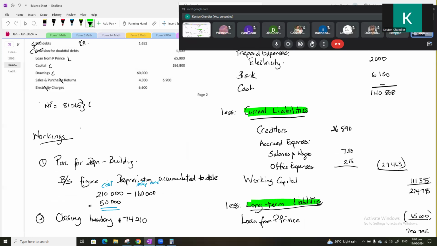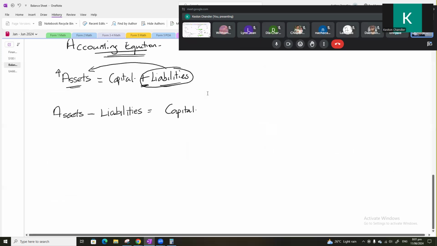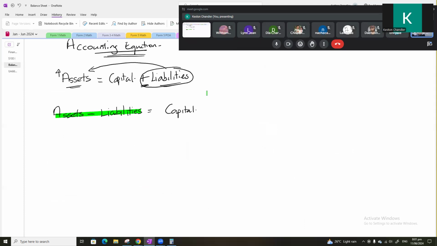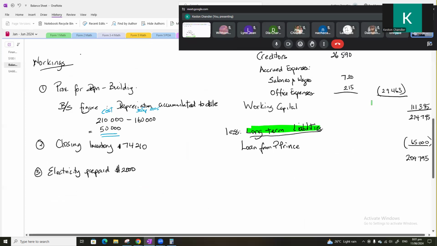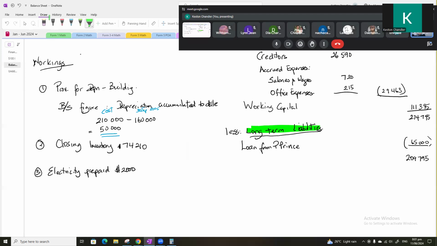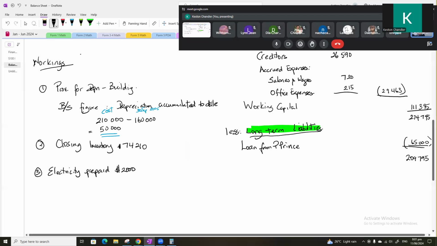And when I take my assets and minus my liabilities from it, that is equal to what? Capital. So the next section that I'll be doing inside of the balance sheet is what we call the financed by section. So we're going to put a pin in it right here, right? This figure, 209,795. We'll come back to that.